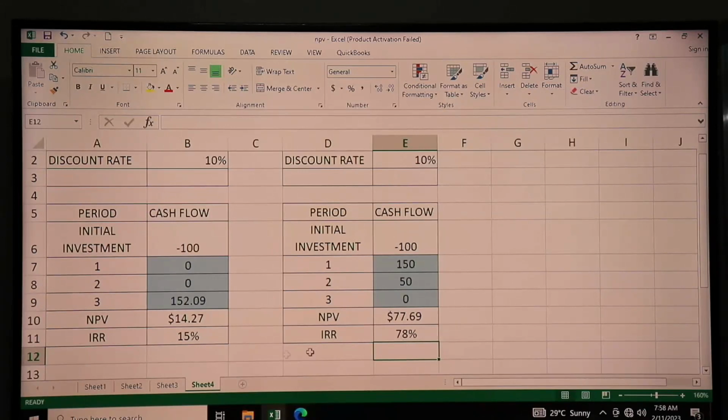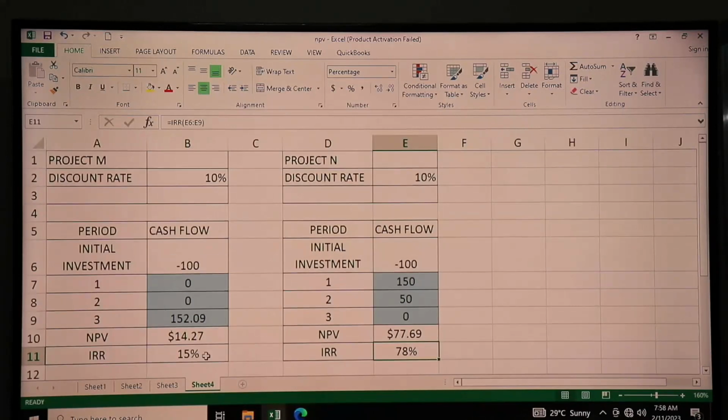The internal rate of return of the two projects, this will give us 15. Then what does that one indicate? So let me change these figures. Here, I'll type 152.09.